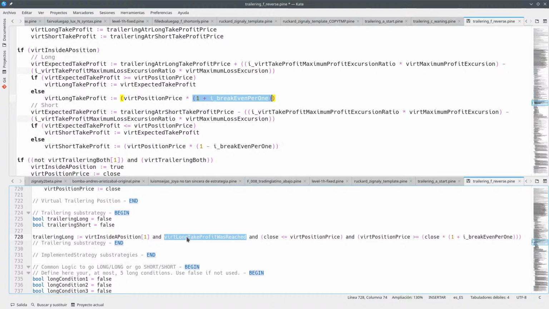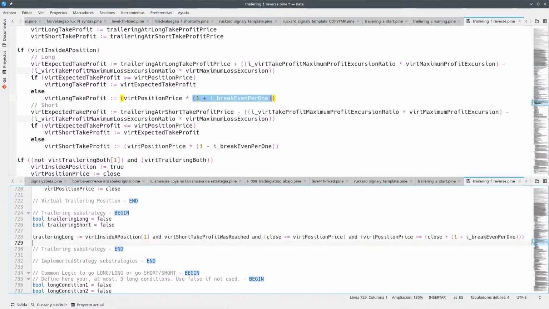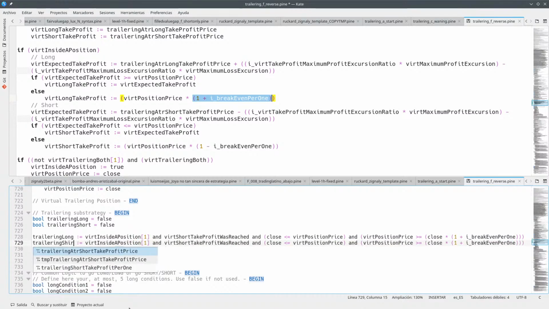Okay, so short take profit was reached. The price is before that, and so on. Okay. What about trading short?